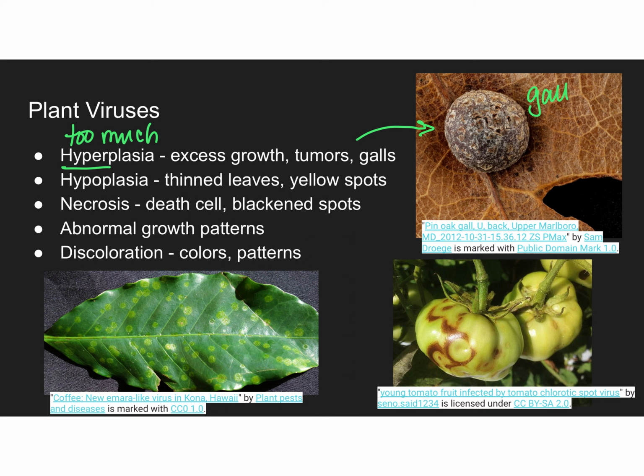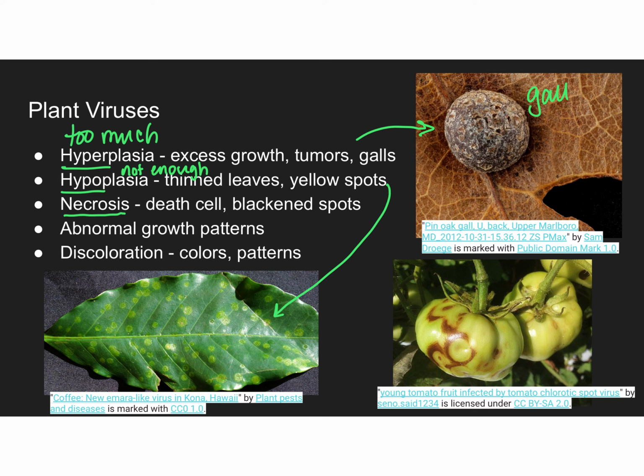Another symptom of plant viruses is hypoplasia. Hypo means not enough. And so this would be something like thinning leaves, yellow spots on the leaves, or maybe the plant just not growing as quickly as it should. Necrosis is another way of saying cell death.